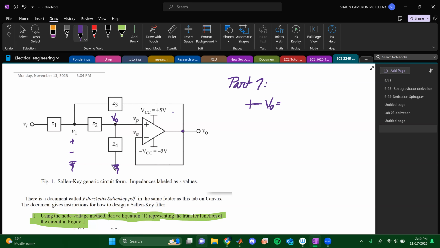I think it's 2260. But voltage divider and seeing voltage dividers is a really important skill. So I'll write that V out is just V1 times Z4 over Z4 plus Z2. So that's a really quick and easy way to write that equation.